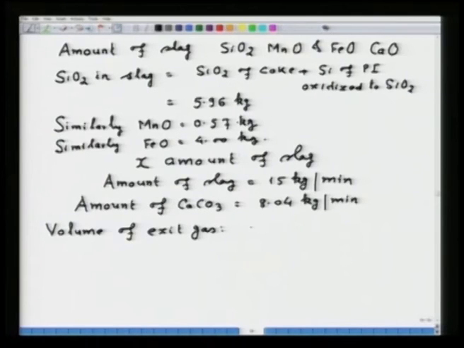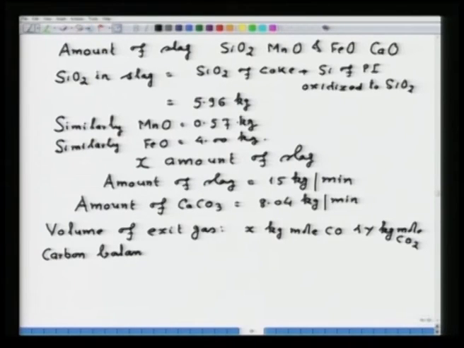Here, let us consider x kg mole CO and y kg mole CO2. So, let us first of all do the carbon balance.